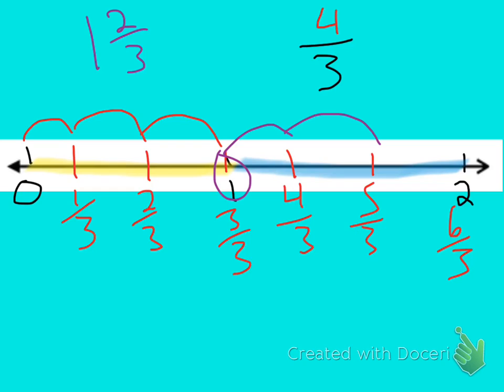So how I could label those ones is 1 whole and 1/3. This one is 1 whole and 2/3. The next one is 2 wholes. So if I was looking for 1 whole and 2/3 on the number line, that would be right here. Okay, 5/3 and 1 and 2/3 are equivalent fractions. And I know that because they're at the same place on the number line.